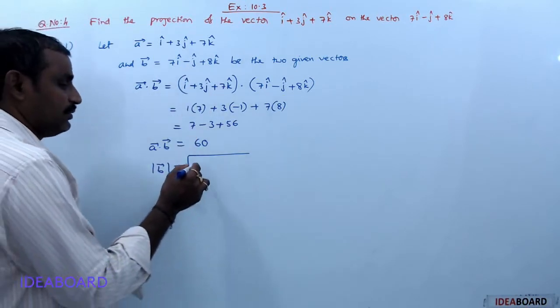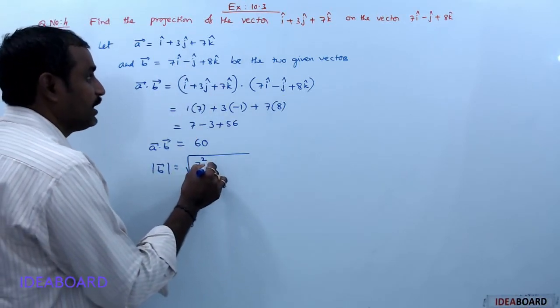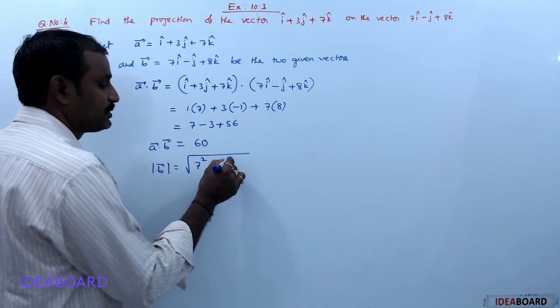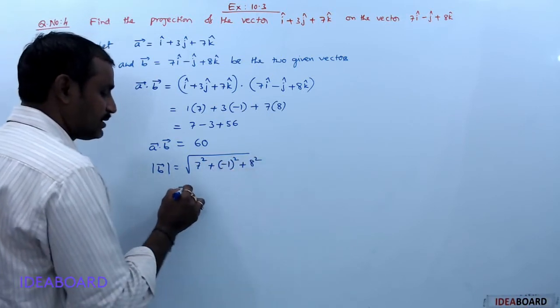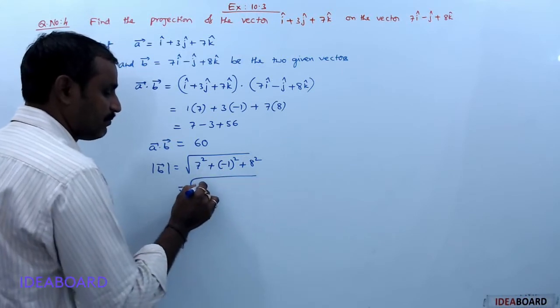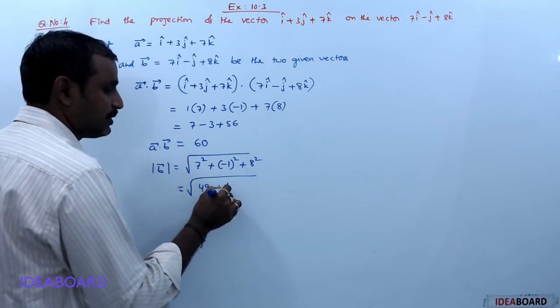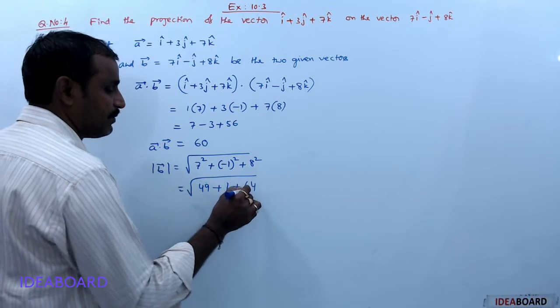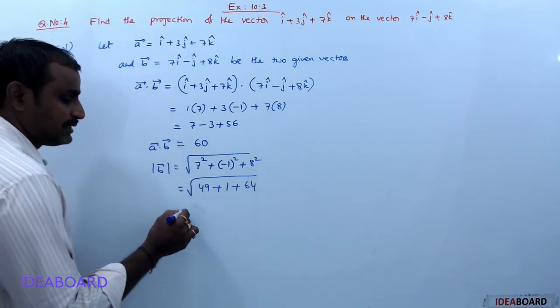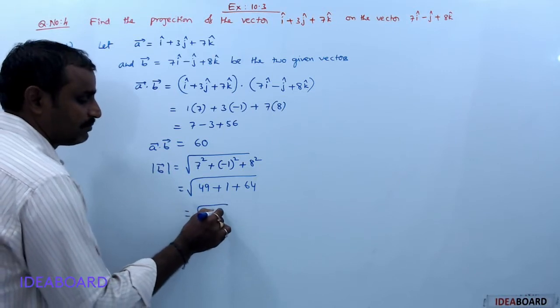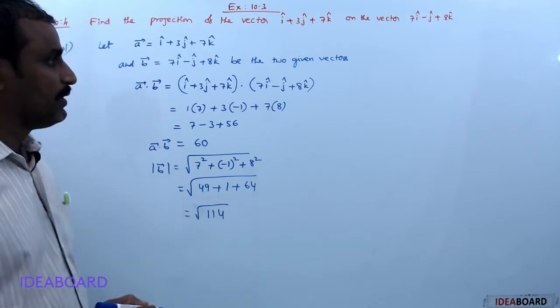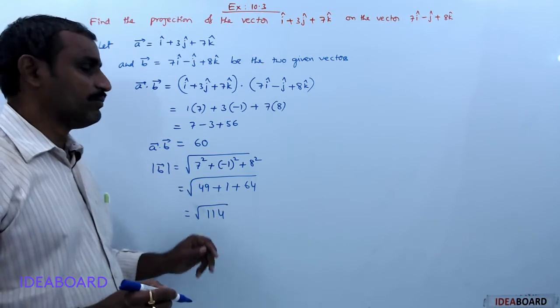Under the square root, write 7 square plus minus 1 whole square plus 8 square. So the value is under root of 49 plus 1 plus 64, which is equal to root 114. So the magnitude of b bar is root 114.